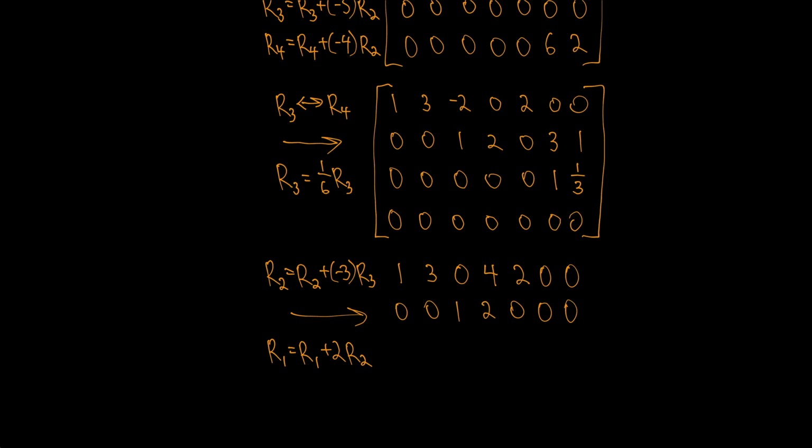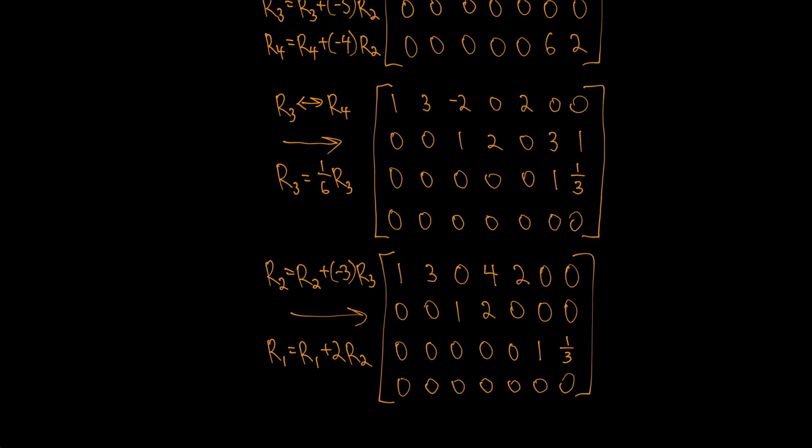Just a little bit easier. And I left row 3 alone, so I'll just rewrite that. 0, 0, 0, and 0, 0, 1, and 1/3. And then all my zeros in the bottom. And now we're in reduced row echelon form.